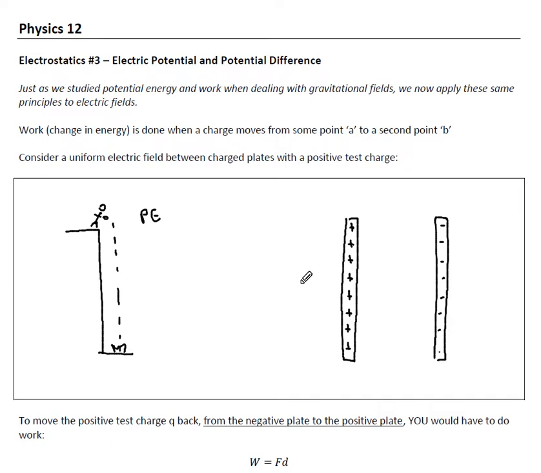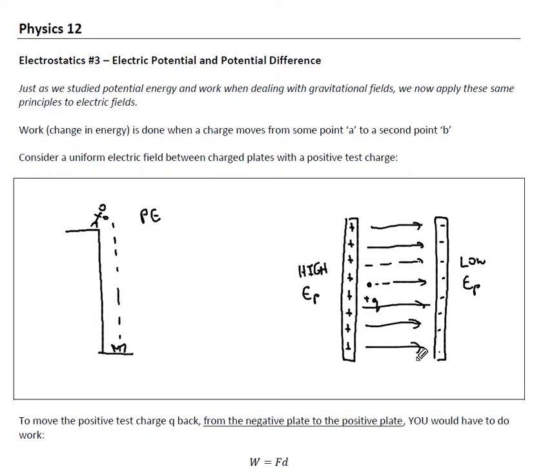Basically, on this side we have high potential energy, and over here we have low potential energy. Again, if we put a test charge, some positive Q, inside, it wants to go from positive to negative. We get those electric field lines that go from positive to negative, positive to negative, like so.